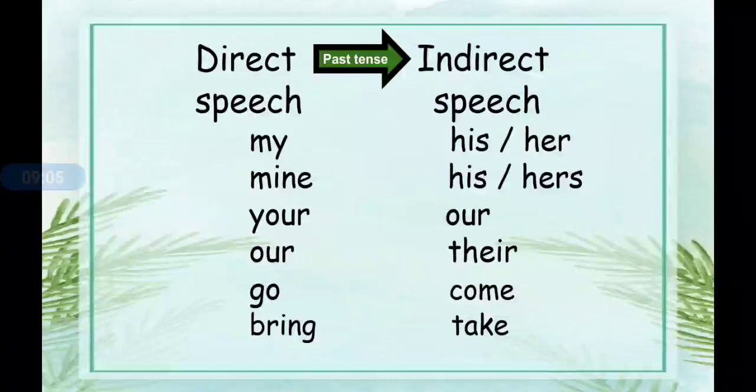Then these changes would occur when we are changing from direct speech to indirect speech. My becomes his or her. Mine becomes his or hers. Your becomes our. Our becomes their. Go becomes come. Bring becomes take.